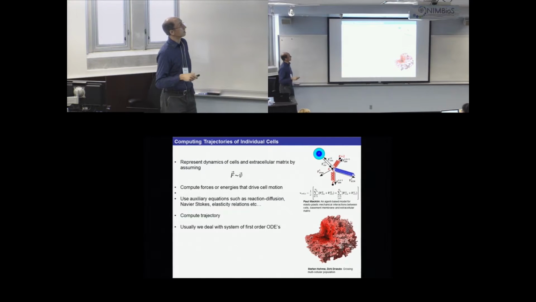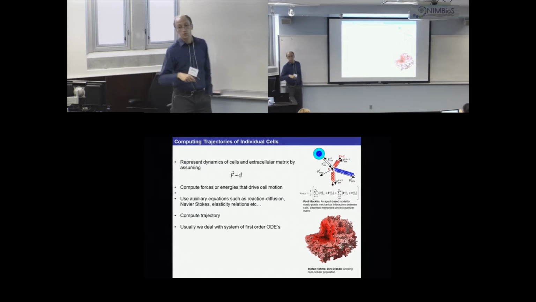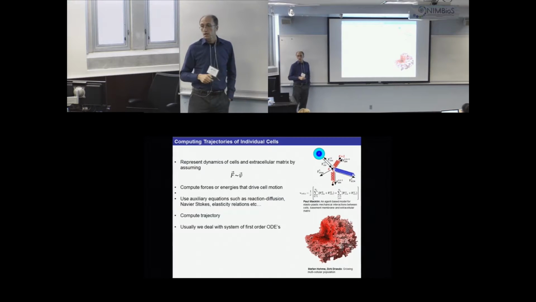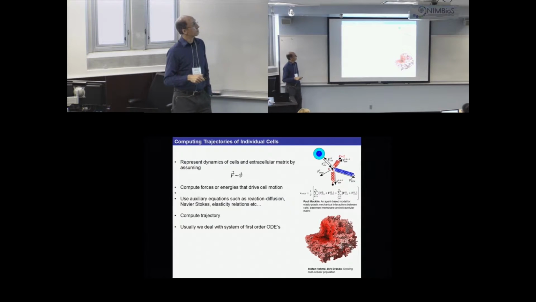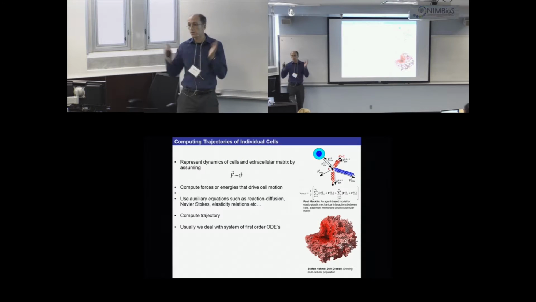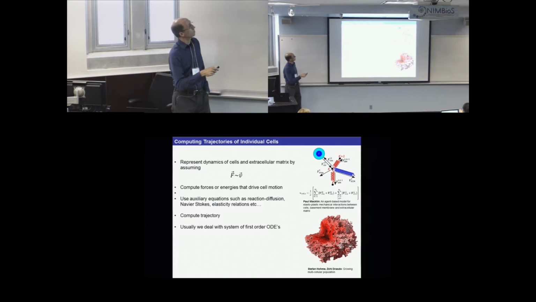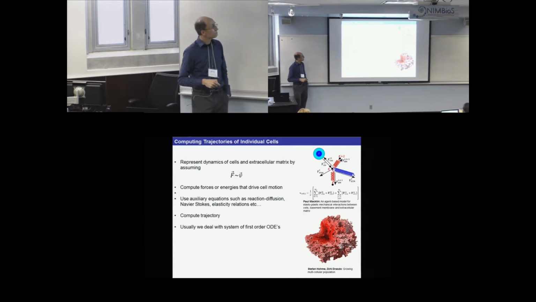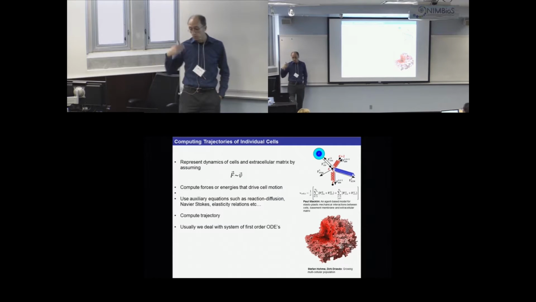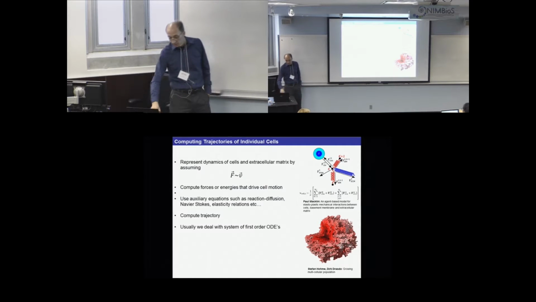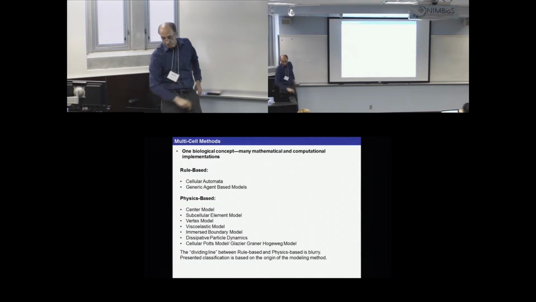We use auxiliary equations such as reaction diffusion and Navier-Stokes that capture the interaction of cells with the environment. We compute the trajectory of the cell, and we go back to point 1. And usually, when we deal with forces, we have to deal with a system of first-order ordinary differential equations, which, as I said, makes your life much easier.